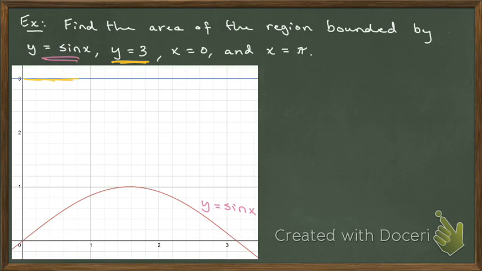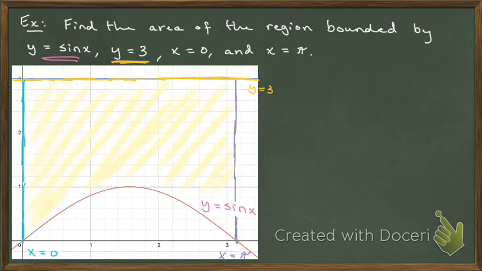I've got y equals 3. I've got x equals 0, it's in blue there. And x equals pi, we don't have a nice point for, but there it is. It's in purple. So that kind of boxed in area is what I'm looking for. I'm going to shade that all in. That's what I want. Try to color it in really good.